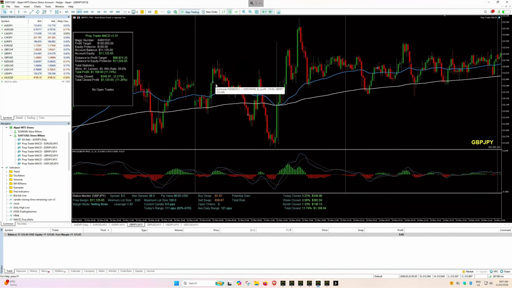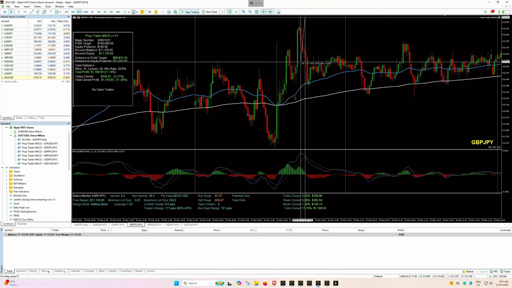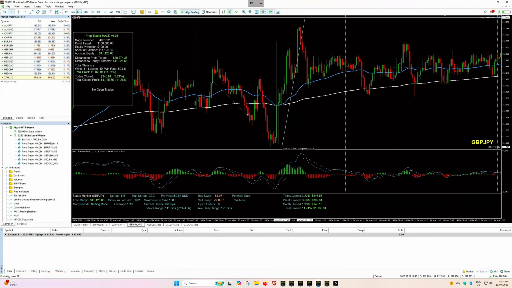from looking at this one, it looks like this pair is too volatile. There's too much movement on a particular day. Let's see, the daily range is 121 pips on average, and let's see what the range was on this particular day. About 173 pips.